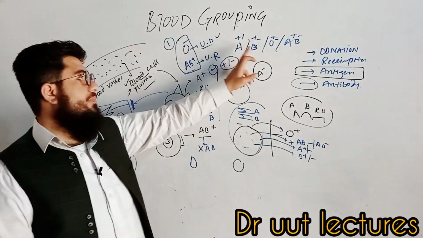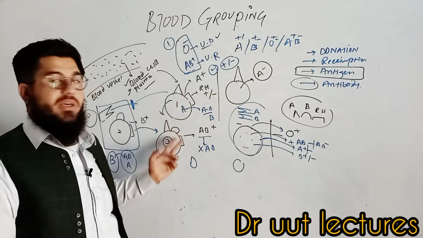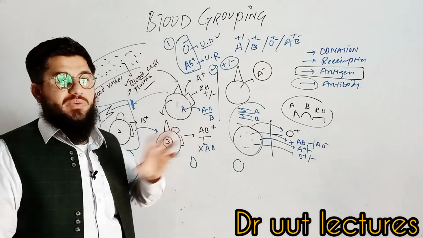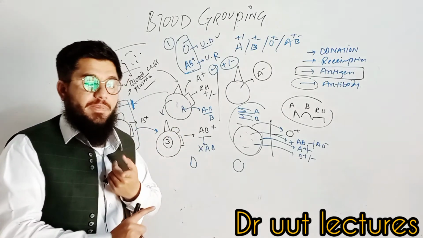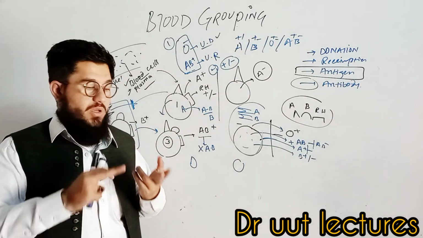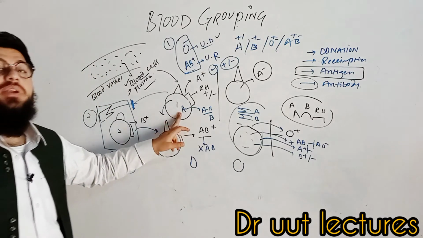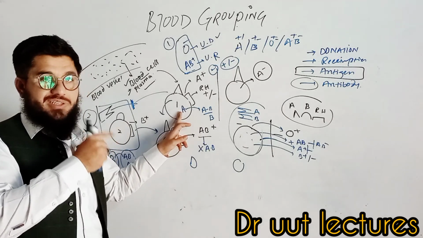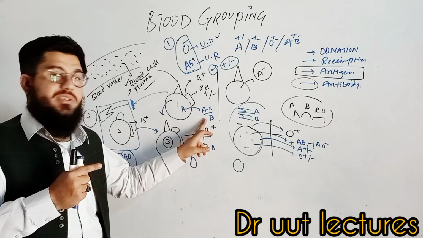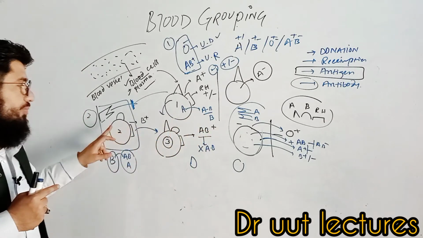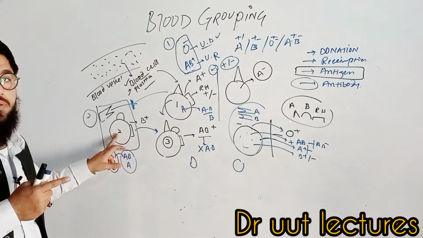Antigens are A and B, and antibodies should be against the same two, A and B. If blood group is A, the antigen is A, and the antibody is against this, that is B. If blood group is B, antibodies are against it, that is A.